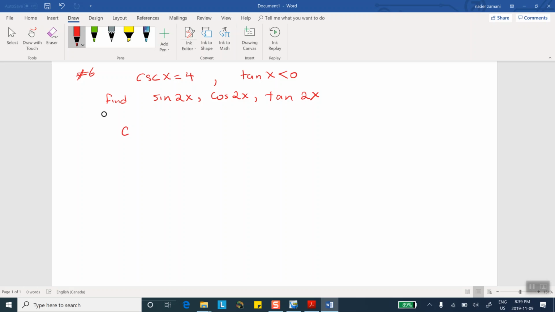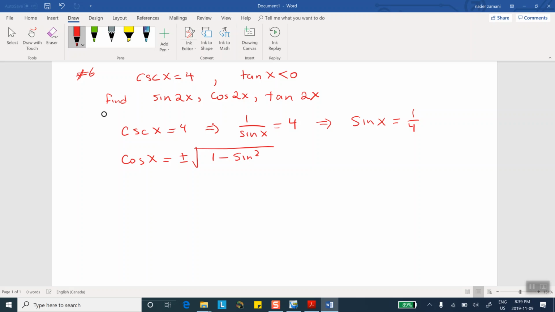Okay, so if cosecant of x is equal to 4, that means that 1 over sine of x is 4, and that means that sine of x is 1 over 4. Now cosine of x is plus or minus square root of 1 minus sine squared x.